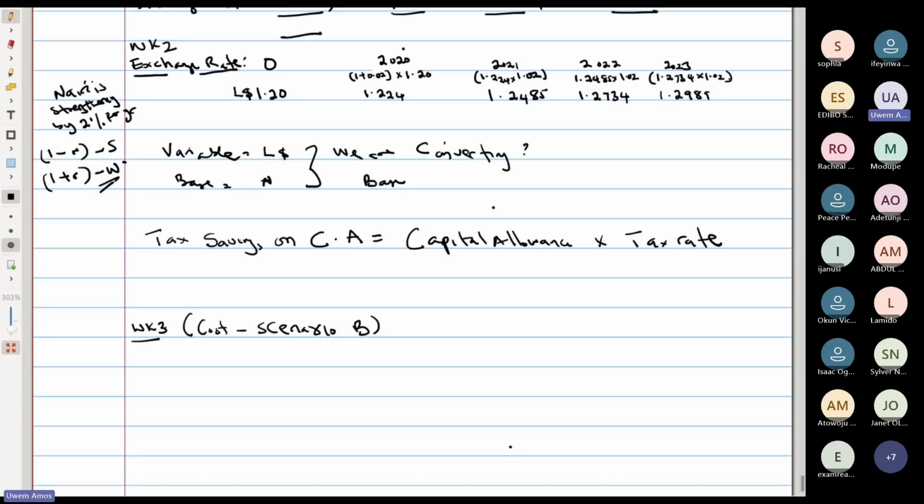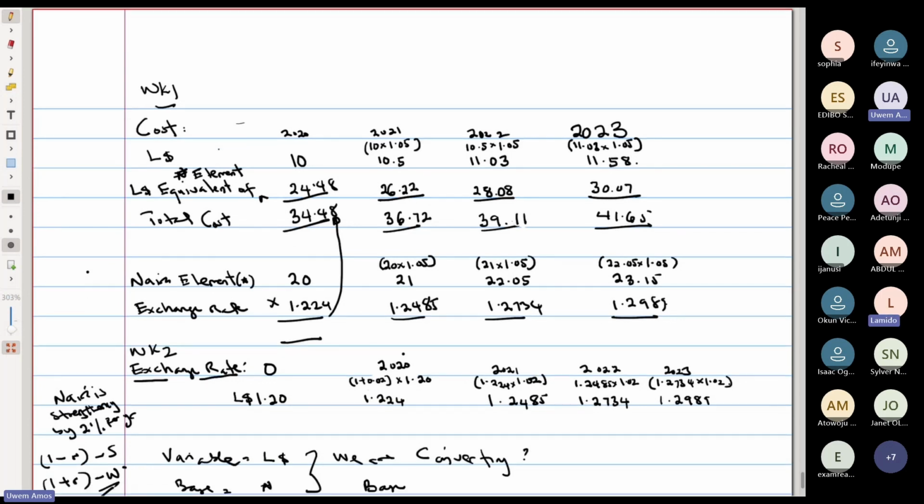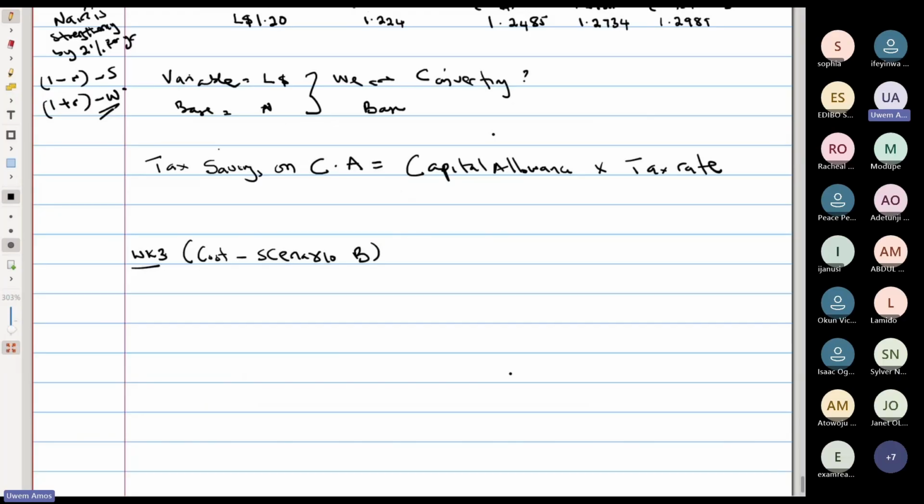Okay, so there are two elements. So the 10 is about the same thing. We inflated it by 5%. So I'm just going to copy the same thing that we have here down because it's 10, 10. That doesn't change. So my Linderian dollar for 2020, 2021, 2022, and 2023.